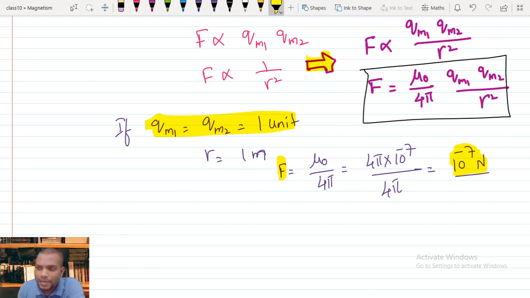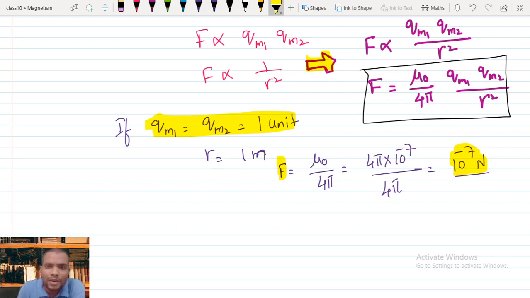One more time I will repeat it. A unit magnetic pole may be defined as the pole which, when placed in vacuum at a distance of 1 meter from an identical pole, repels it with a force of 10 power minus 7 newtons.